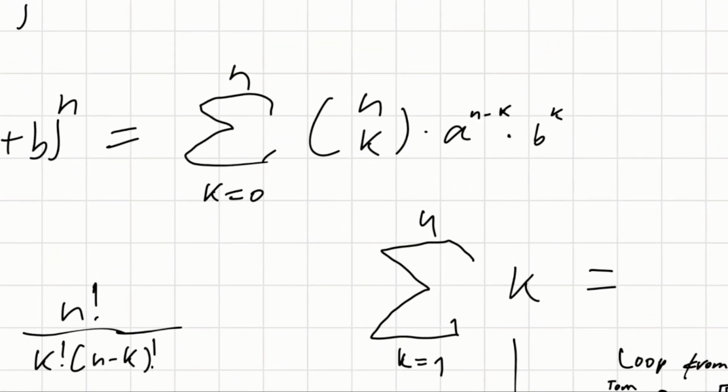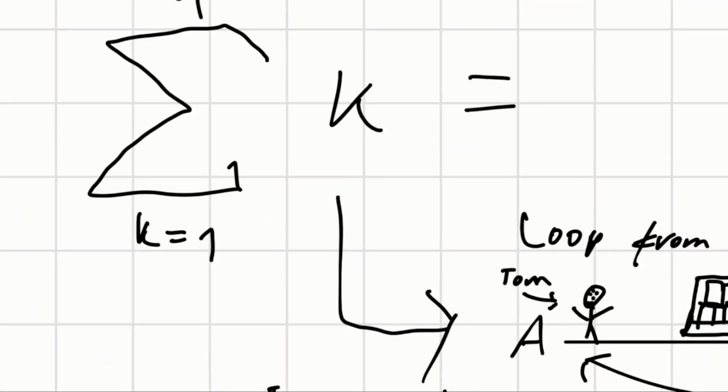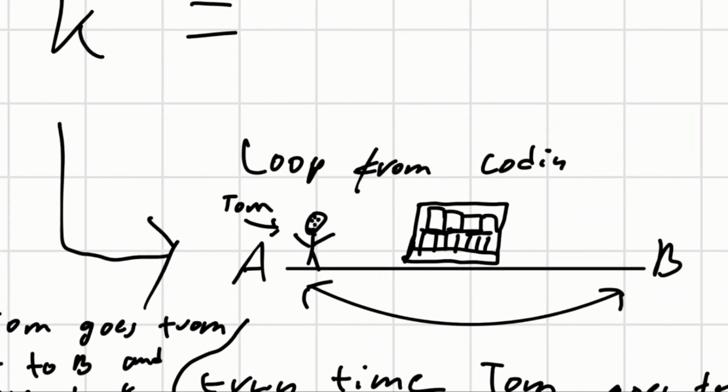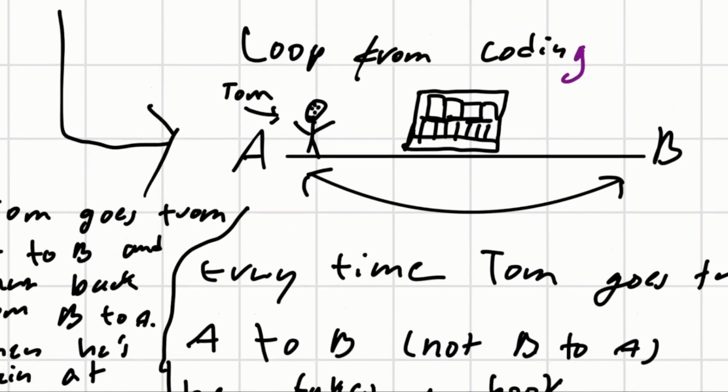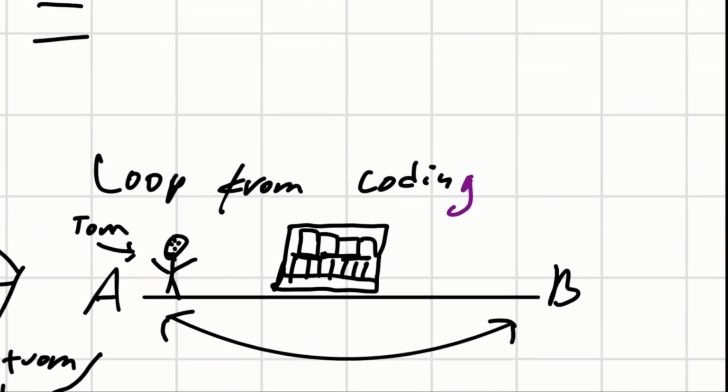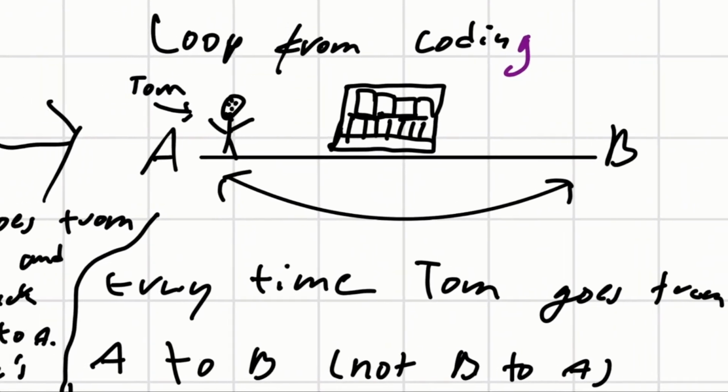To understand what is happening, first let's just clarify the sum sign real quick. What this means. Imagine, from coding, there's a loop. What a loop basically means is there's a program and then it starts over. So it reaches a point and then it starts from a certain point.